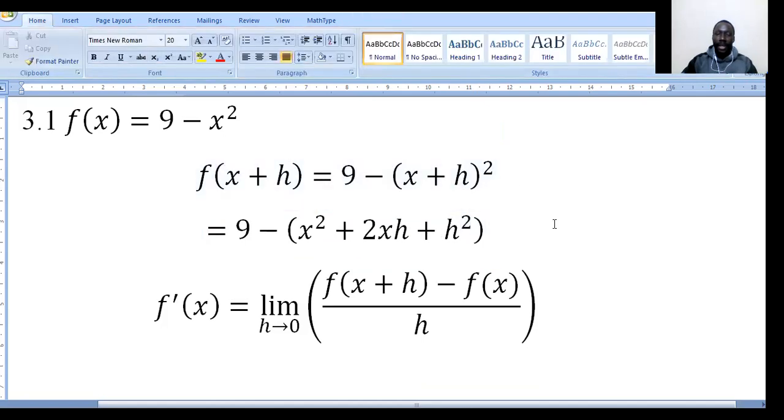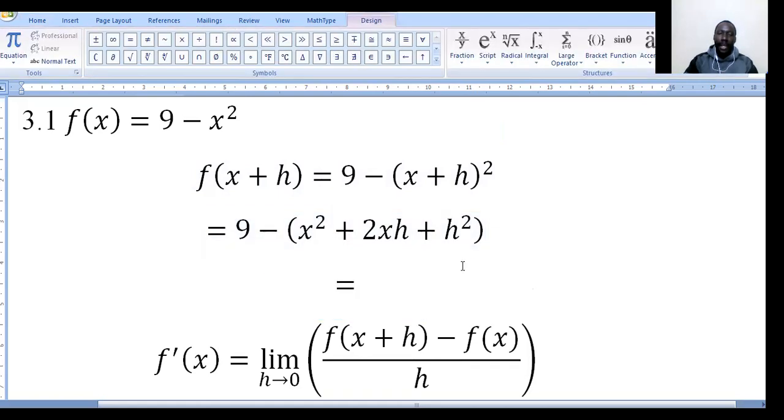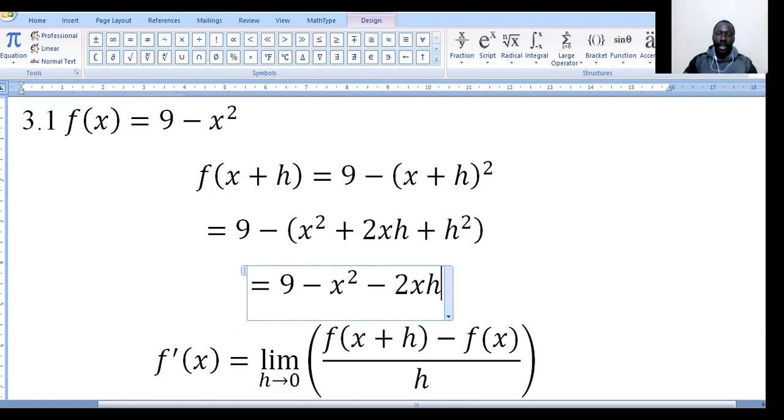Now, one more step. We can then open the bracket for this. And if we do that, what we will get is going to be 9 minus, the whole thing will be negative. So we'll be having the minus of x squared, then we will also be having the minus of 2xh, then the minus of h squared.